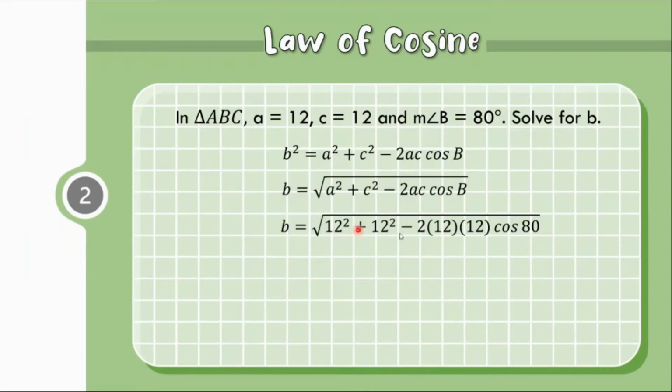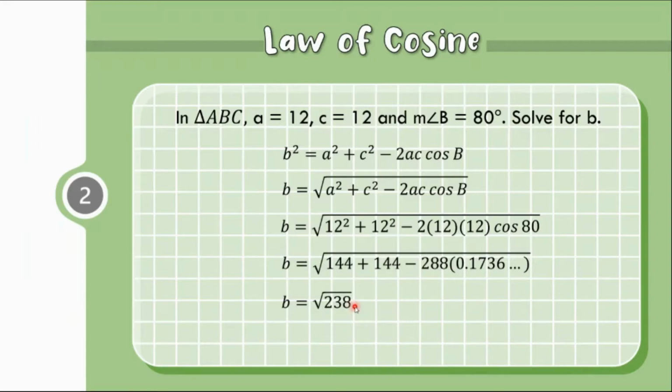Evaluating this radicand, we will have the square root of 144 plus 144 minus 288 times 0.1736 and so on for the value of cosine 80. Then, we will have B is equal to the square root of 238. And the square root of 238 using your scientific calculator is equal to 15.43 to the nearest hundredths. Therefore, the length of side B is equal to 15.43 units.